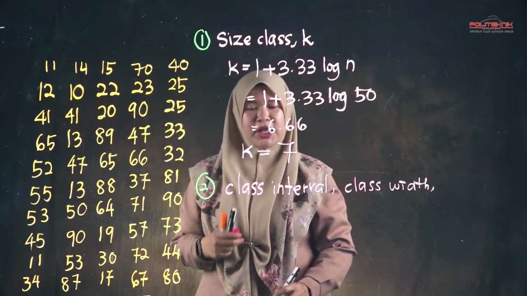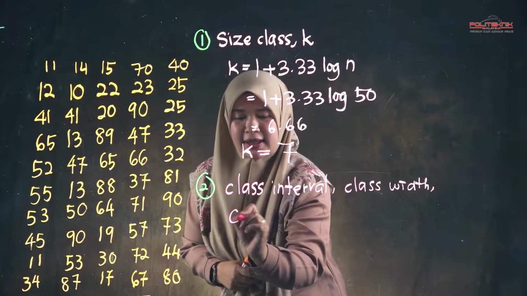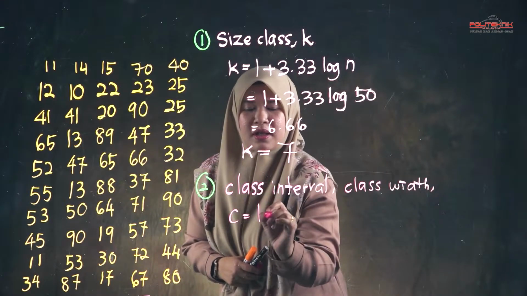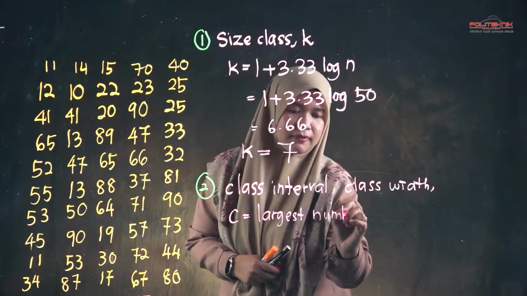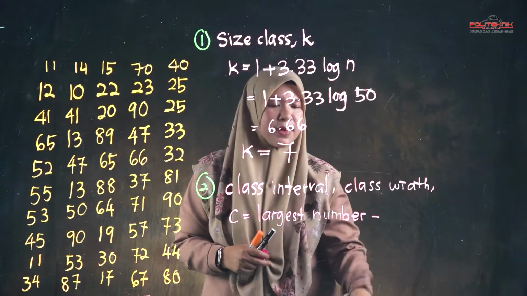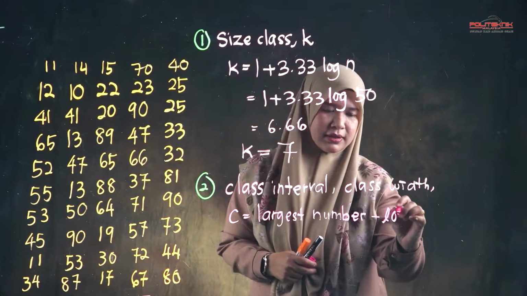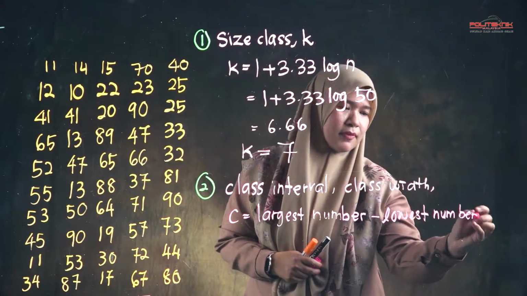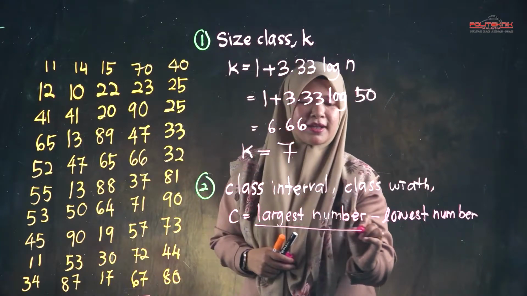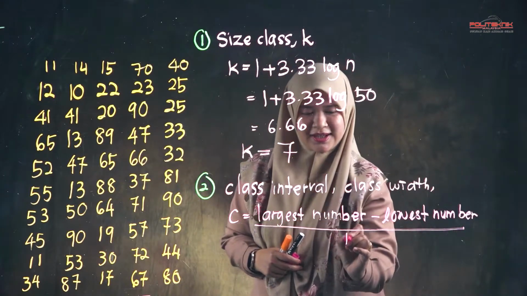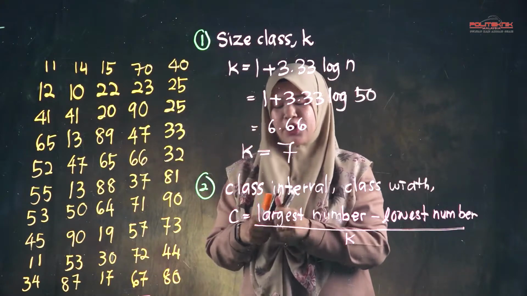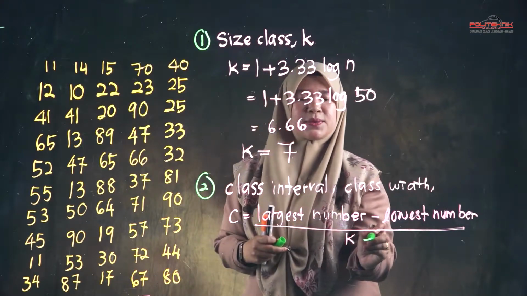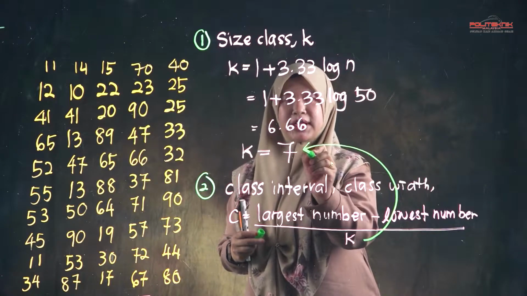The formula is given by C equal to the largest number minus the lowest number, divided by K. K is what we got from step 1. This is our K.